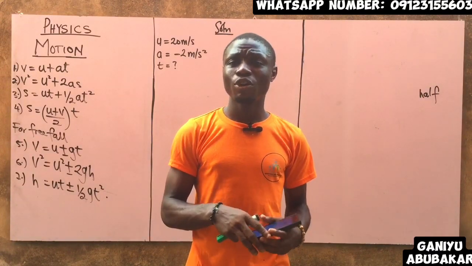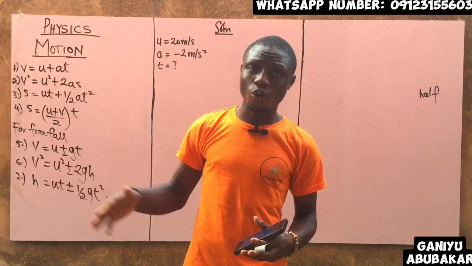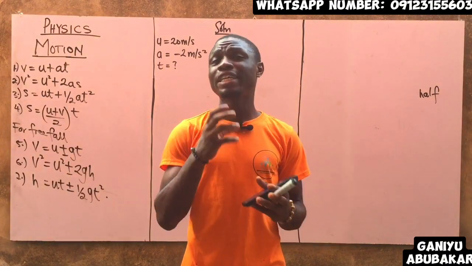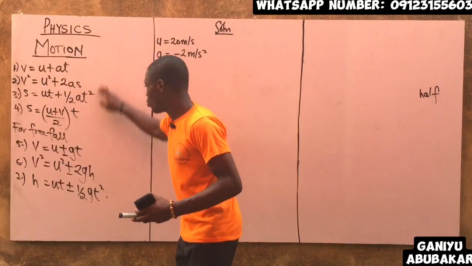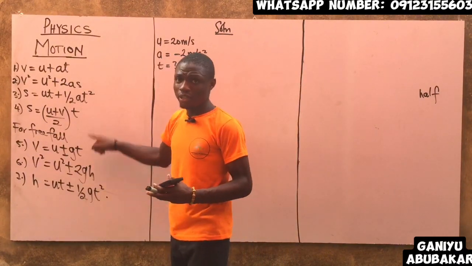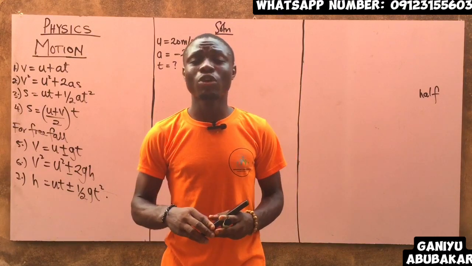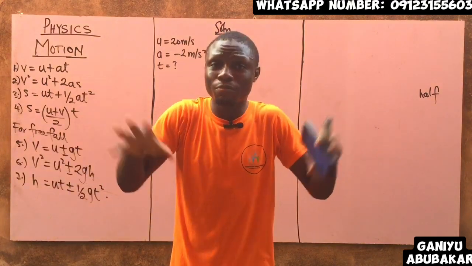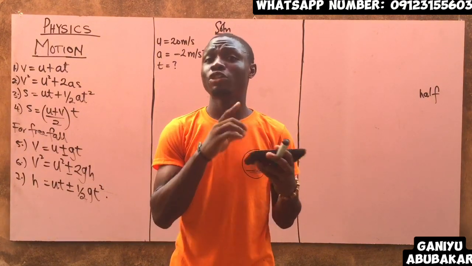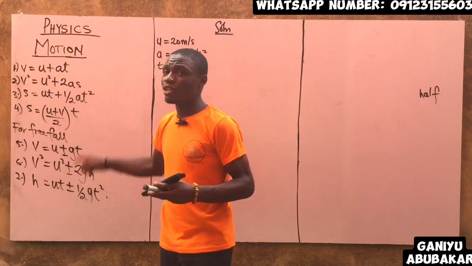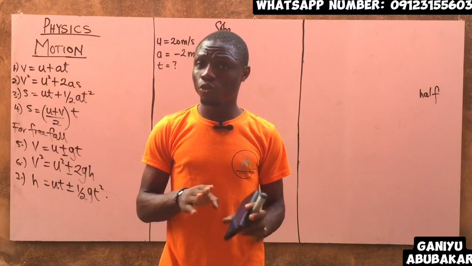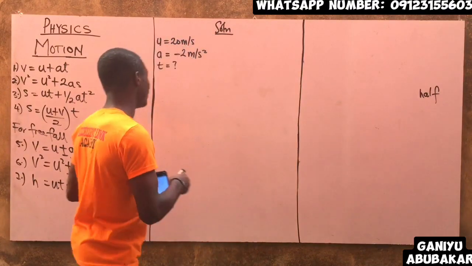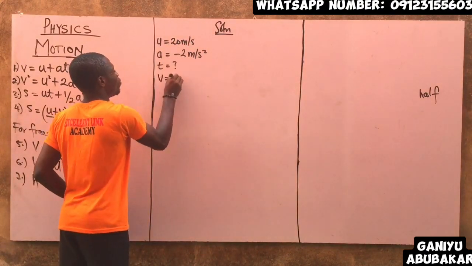It's a train, so it will move horizontally, so I'm using equations 1 to 4, right? But observe that I'm told to calculate the time to bring the body to rest. I gave you note number 2 under this concept that whenever a body is coming to rest, its final velocity is equal to 0. So v here is equal to 0.